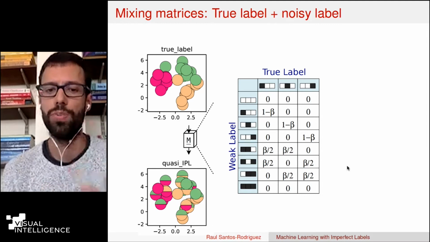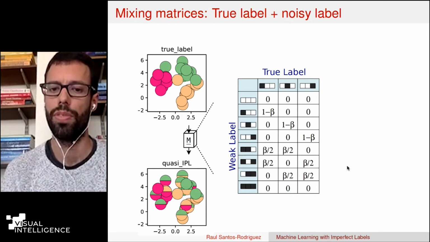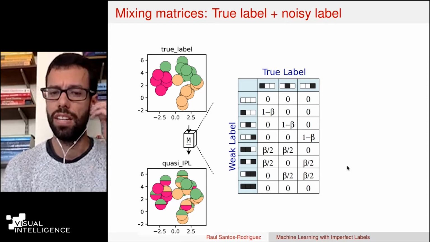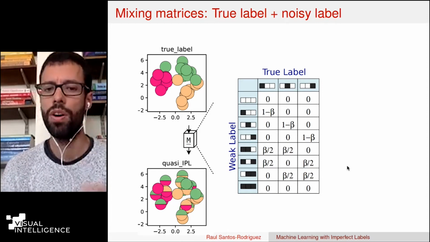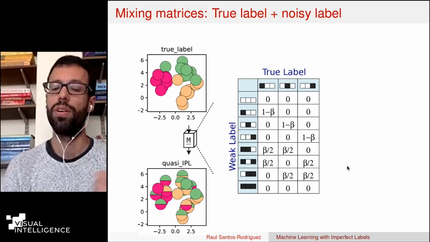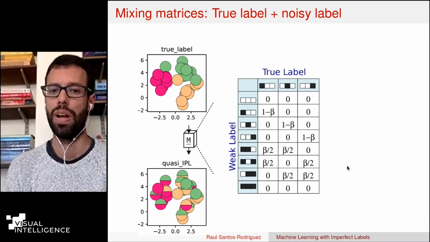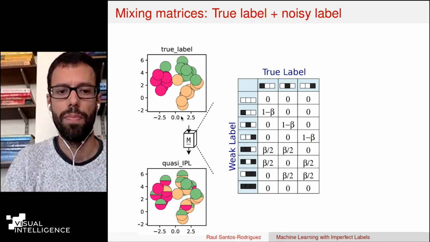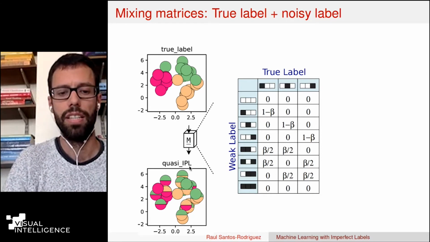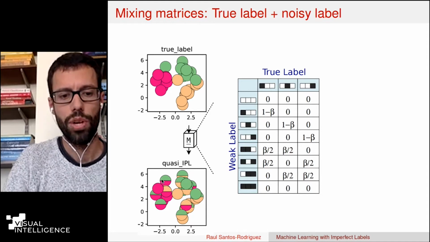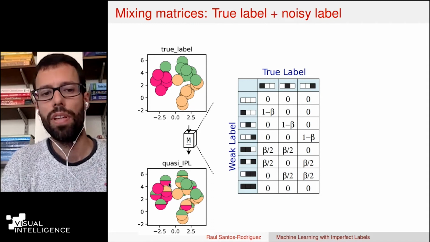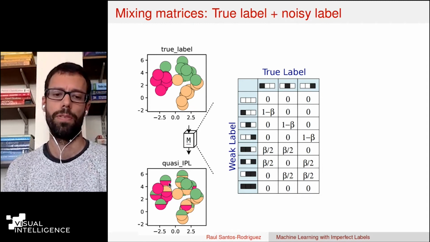An example of this would be what we saw in the image with the 3 Formula 1 drivers. So I know that each instance is one of the three. So I know that the true person is in there, but I also get two other names that might not be relevant. I illustrate this on the left by taking the same data and showing that in some of the cases, I have two labels, and one of them is always the true one.